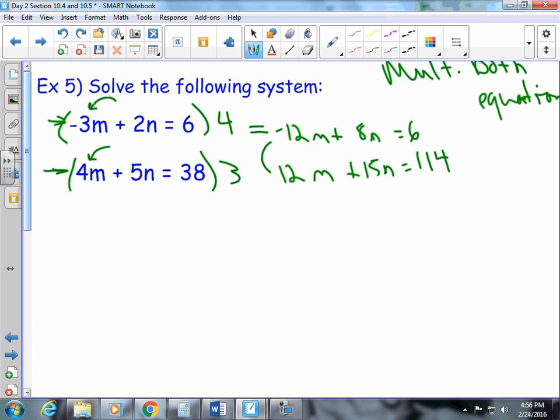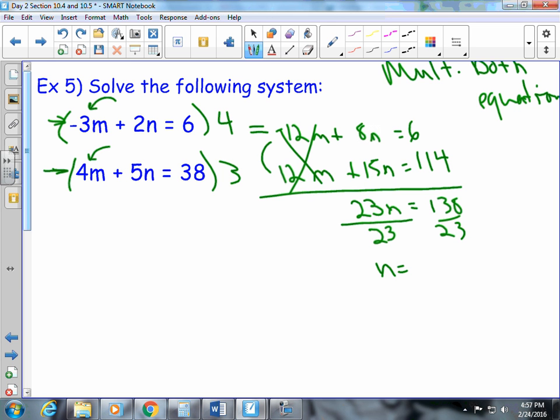All right, so add the equations together. The m's cancel out. Now I got 23n is equal to 138. I divide by 23, divide by 23, I get n is equal to 6.